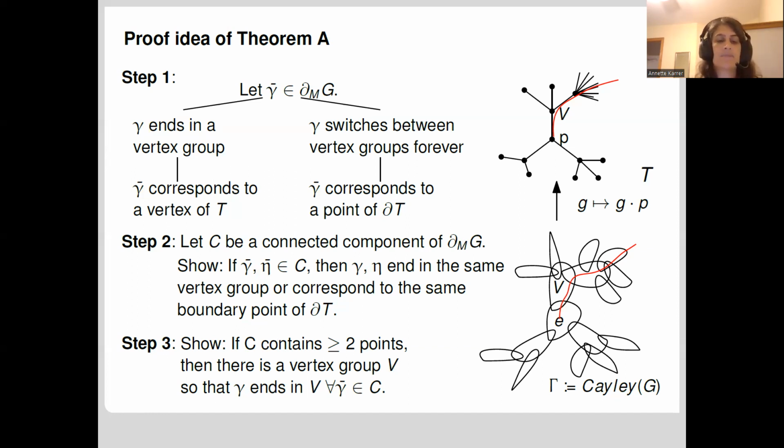And in the last step, one has to show that if a connected component contains at least two points, then there is a vertex group such that all equivalence classes corresponding to this connected component end in the same vertex group. Connected components with more than two points do not come from boundary points of the tree.